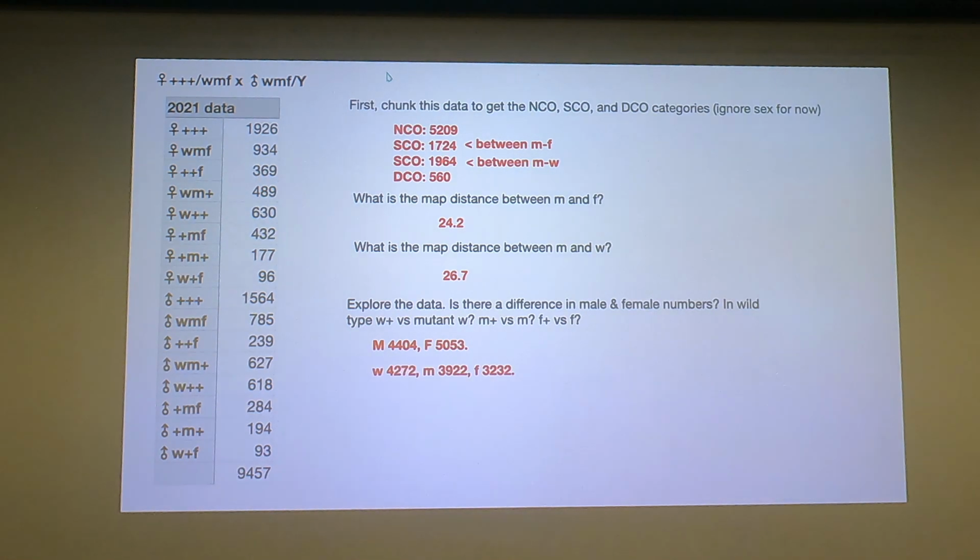If I do that, what I found when I looked at these data that way, we've got 4,272 white-eyed flies in this collection out of 9,457 total. That's less than 50%, right?